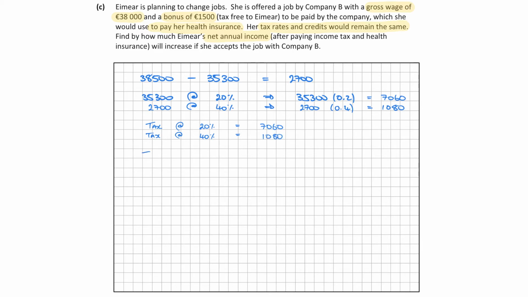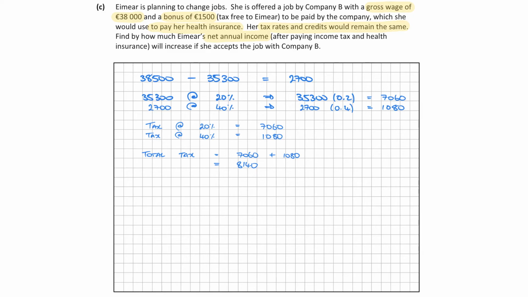So our total tax should be equal to two of them added together, and that gives us an answer of 8,140. So that's how much tax she needs to pay.